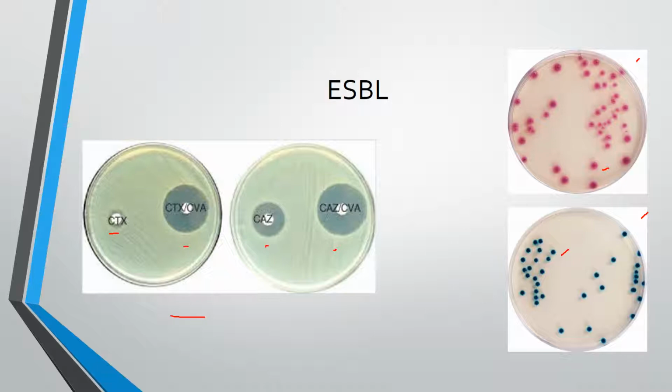You can also grow a yellow one, which I don't have a picture of, which is Proteus mirabilis. Meaning you could grow all three on the same plate. If all three grow, they'd grow different colors. So this allows you not only to identify the fact that it's an ESBL producer, but also to identify its actual organism ID.